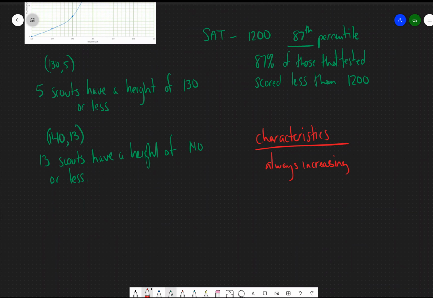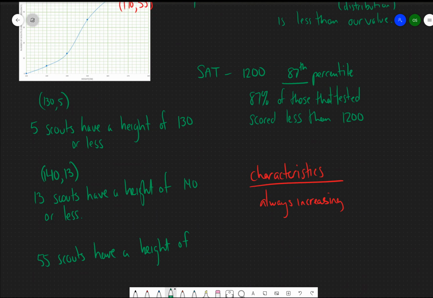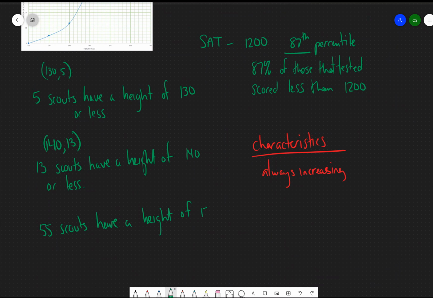So at that coordinate, I would say 55 scouts have a height of 170 or less.